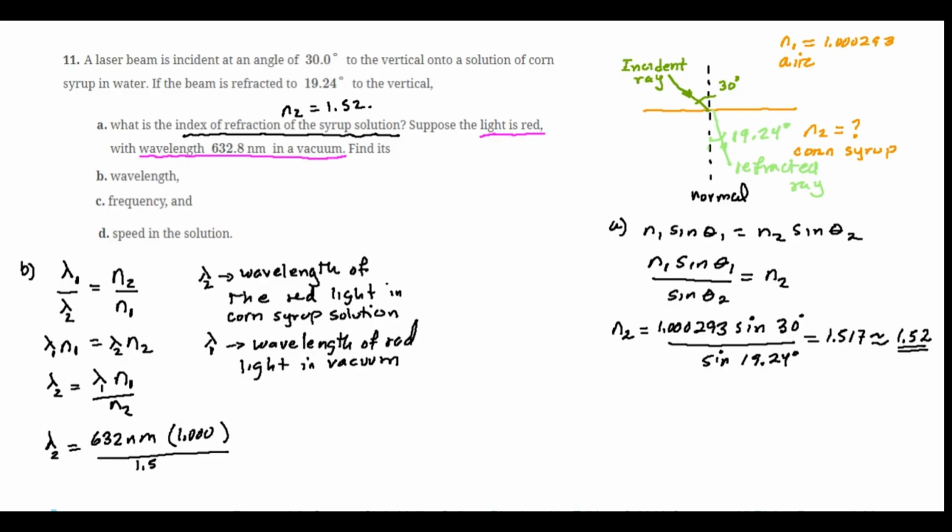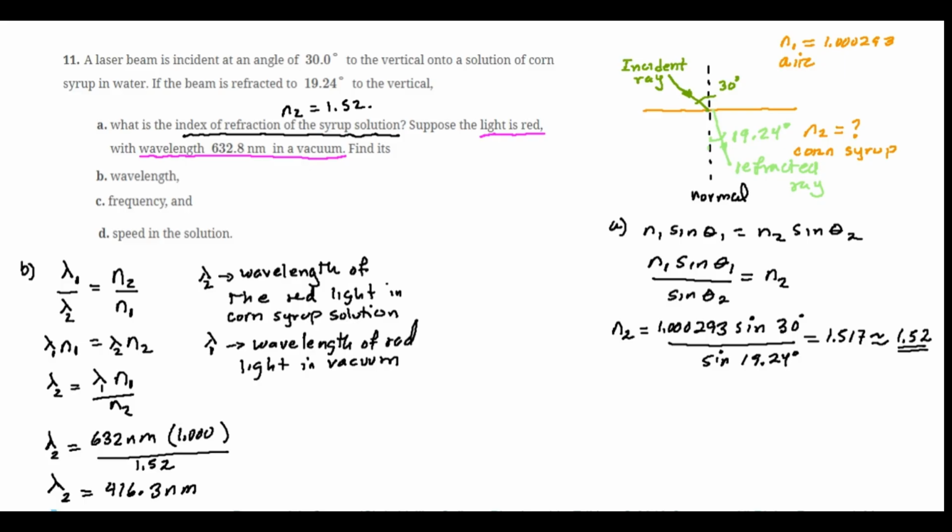So you will find that the wavelength of the red light when it propagates into the Siren will be 416.3 nanometers. So here we have the value of the wavelength in the Siren. We got a lower wavelength because we had an increase in the index of refraction.